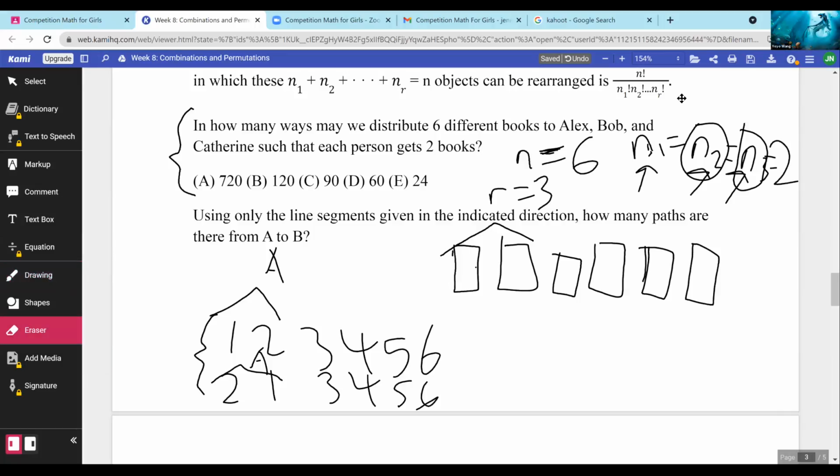Wait, how do we solve this? Do we use a formula of N1 plus N2 plus, all the way?